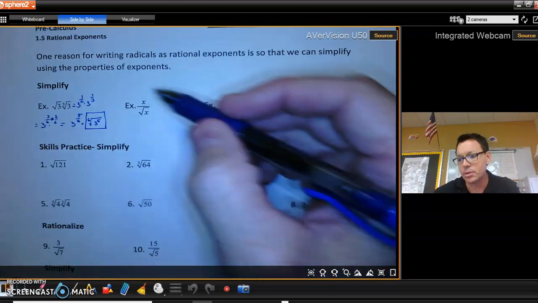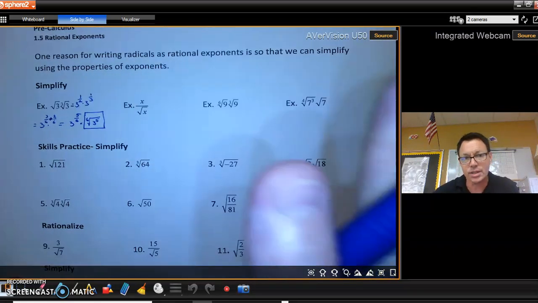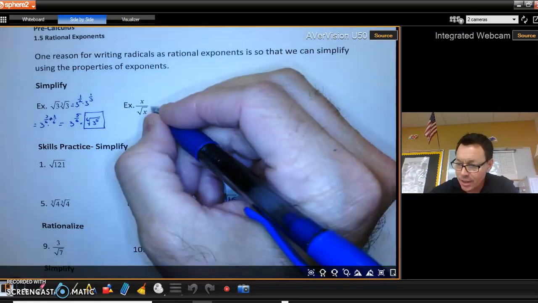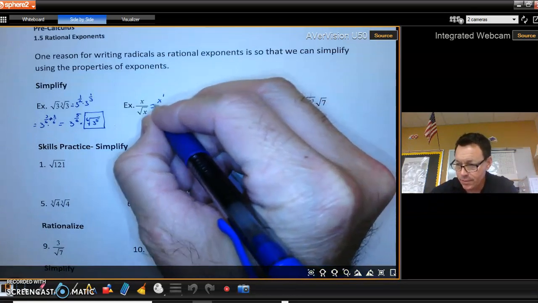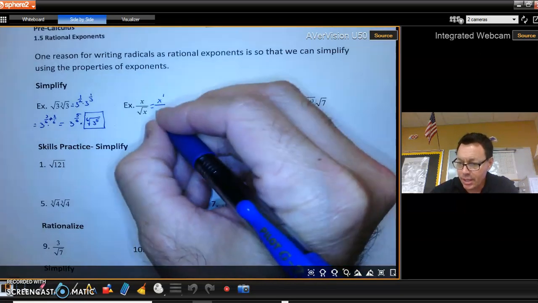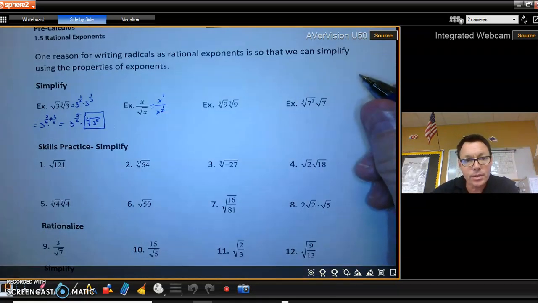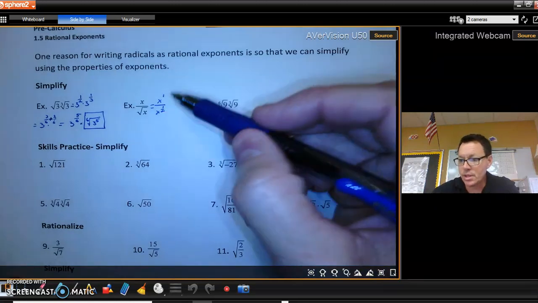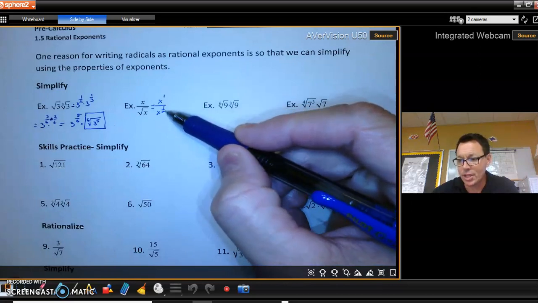Like the next example. There's no way to simplify this. There's no way to cancel, reduce, or do anything with this unless we think of x as x to the first, and we think of the square root of x as x to the 1/2 power. Now we can use the properties of exponents that says, oh, well, if you're dividing the same base, then you just subtract the exponent.